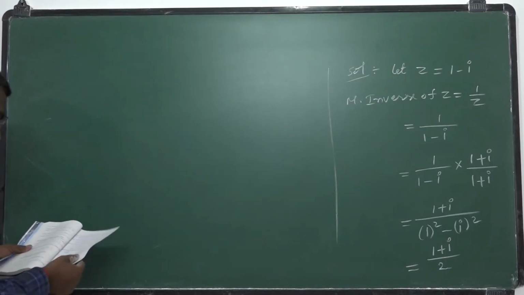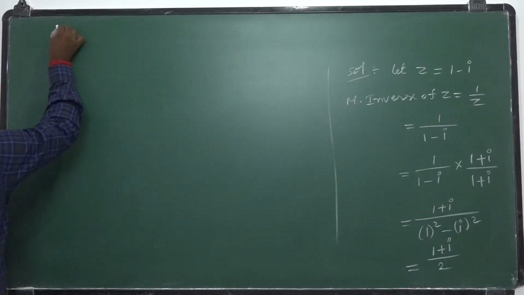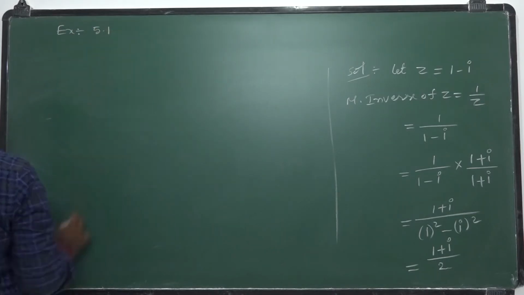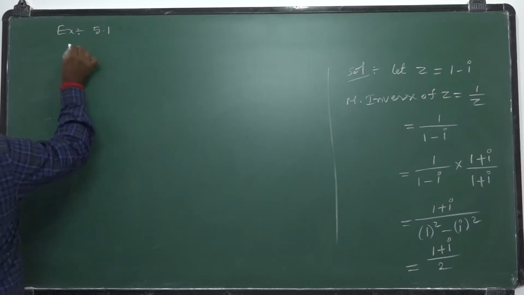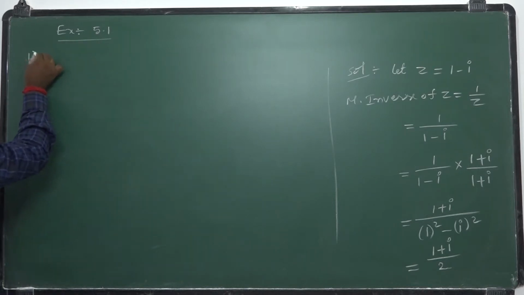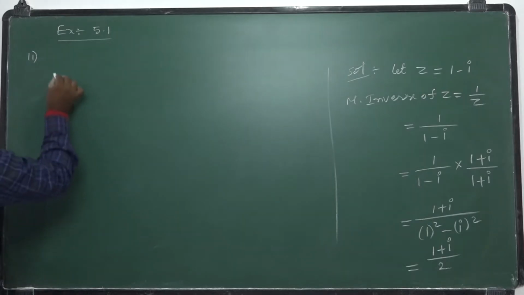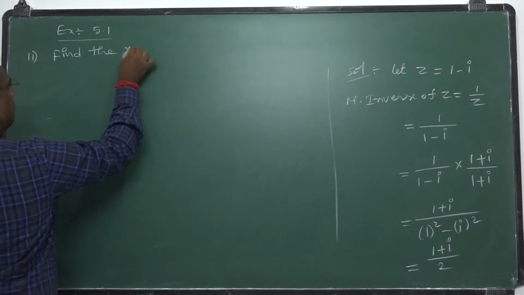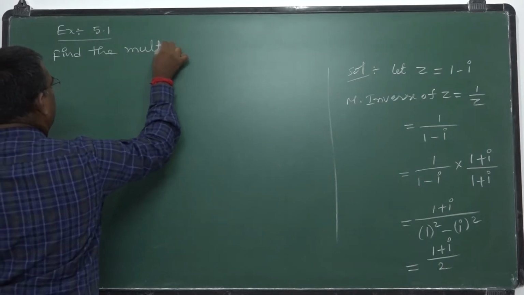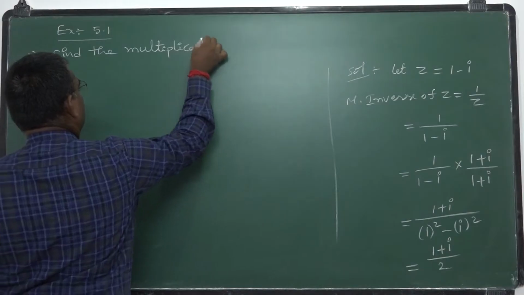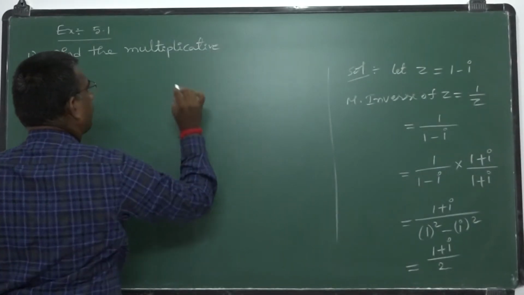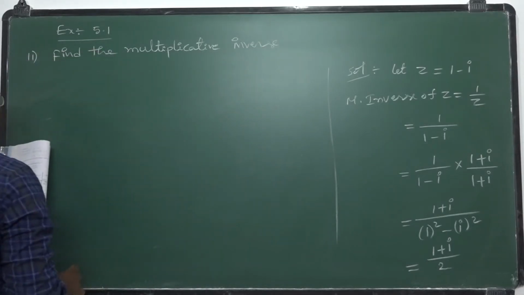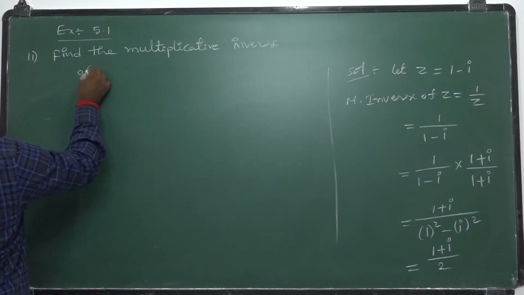So in exercise 5.1, eleventh question, find the multiplicative inverse of 4 minus 3i.